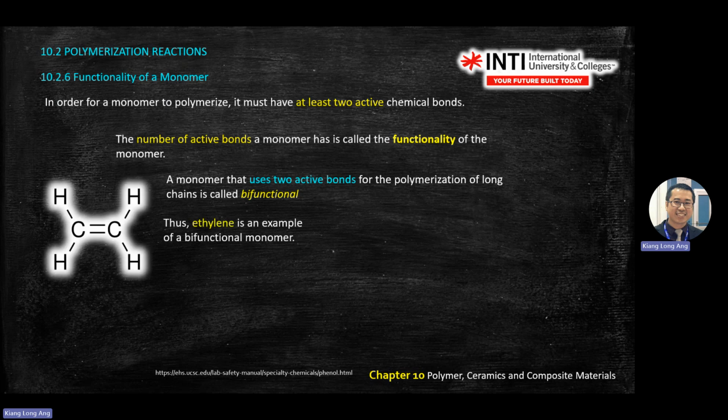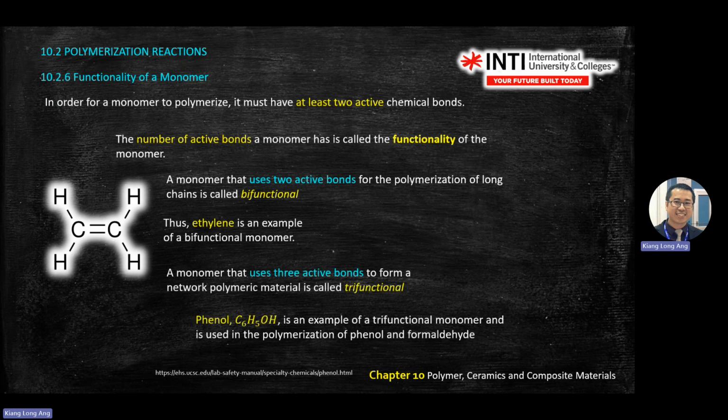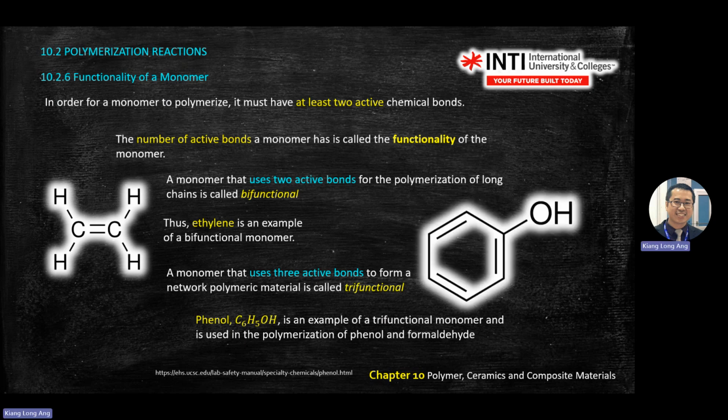Okay, this one is the functionality of the monomer. This is just how many bonds you can join when you break the bond. For example, bifunctional means they have a double bond.